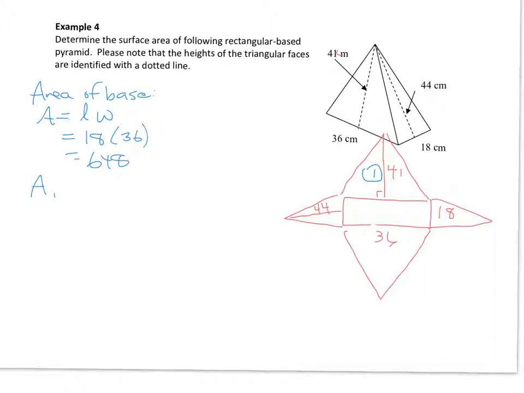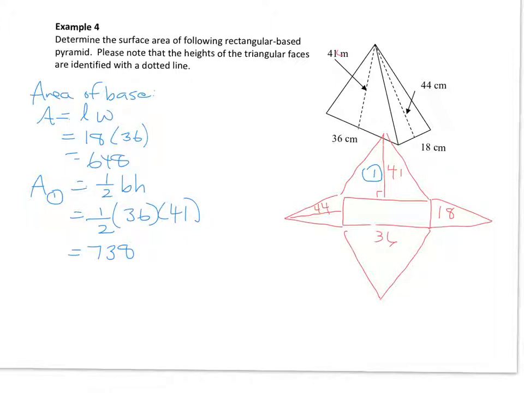So area of triangle 1, and that's 1/2 the base times the height. The base of that is 36, and the height is 41, giving us 738 square centimeters.